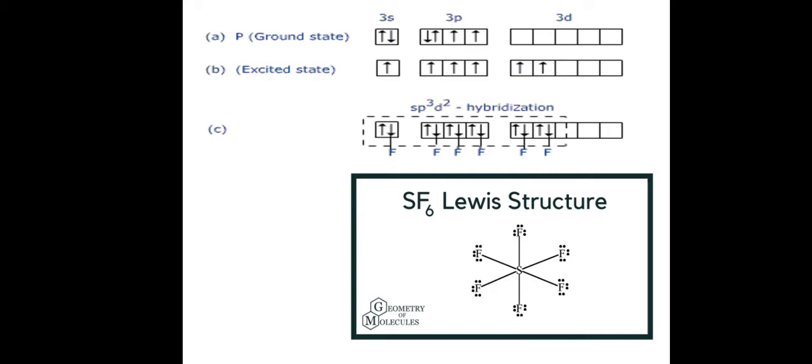These orbitals hybridize to form six new sp3d2 hybrid orbitals, which are projected towards the six corners of a regular octahedron in SF6. These six sp3d2 hybrid orbitals overlap with singly occupied orbitals of fluorine atoms to form six S-F sigma bonds. Thus, the SF6 molecule has a regular octahedral geometry as shown in the figure.